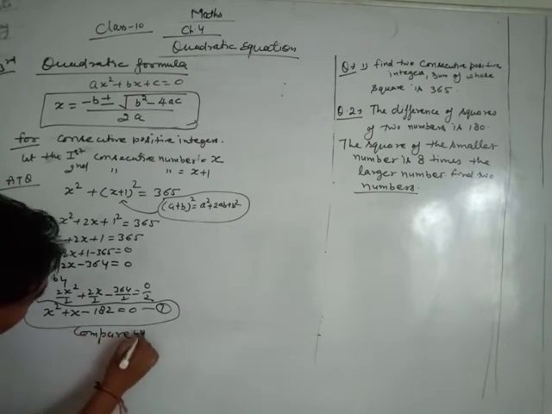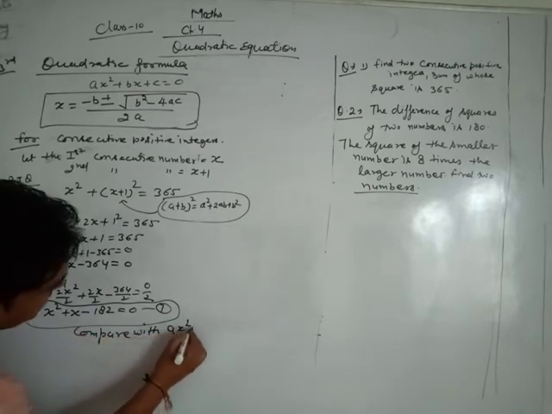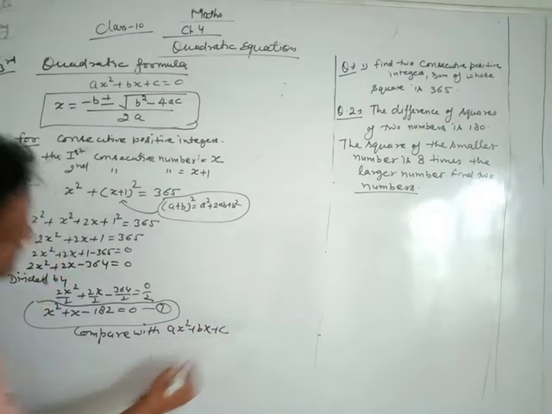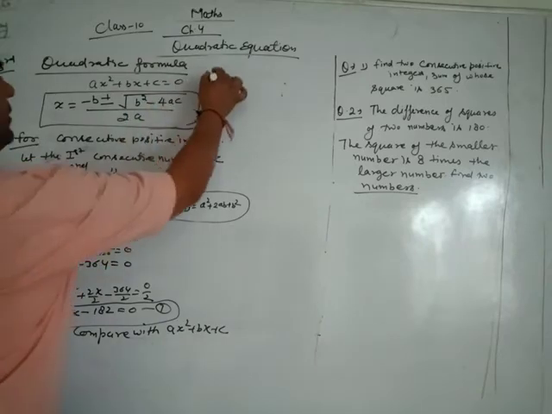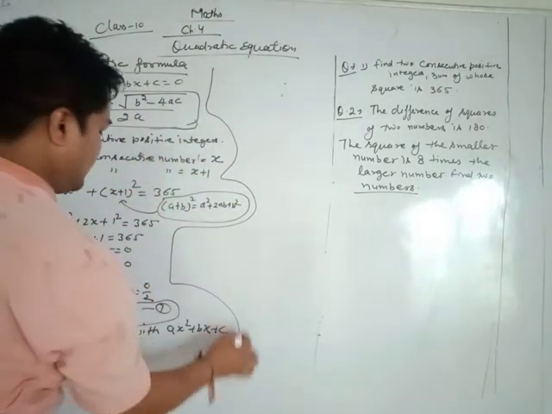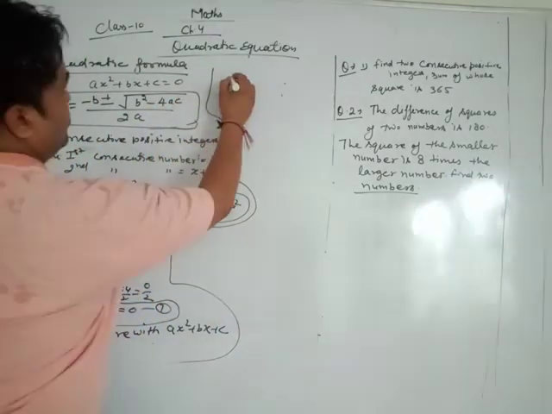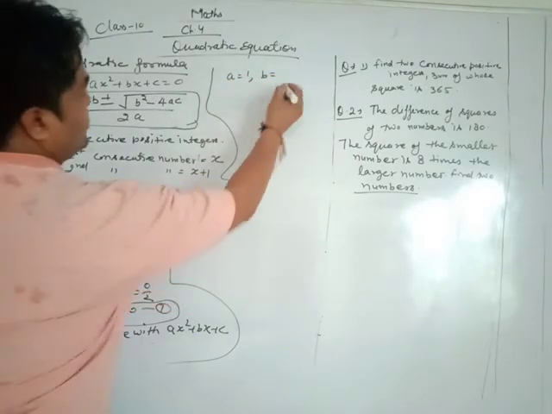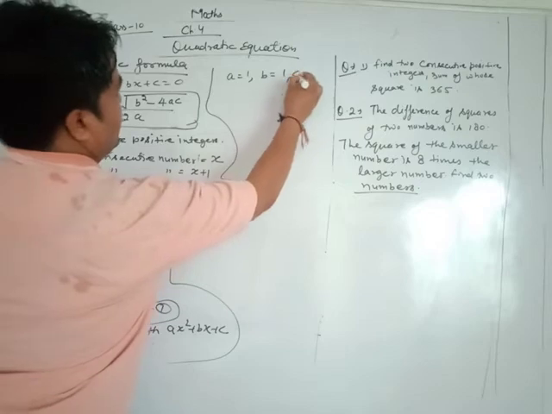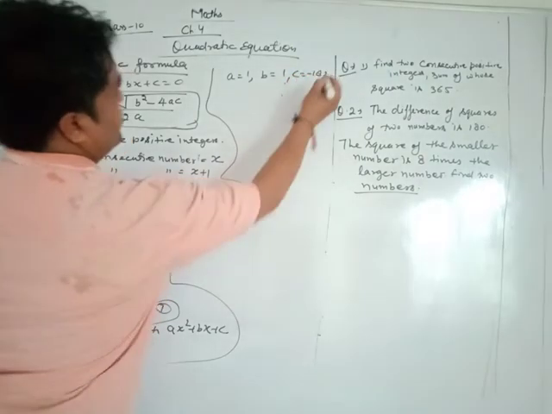Compare with ax square plus bx plus c. So what will we get? After comparing, a equals 1, b equals 1, and c equals minus 182.